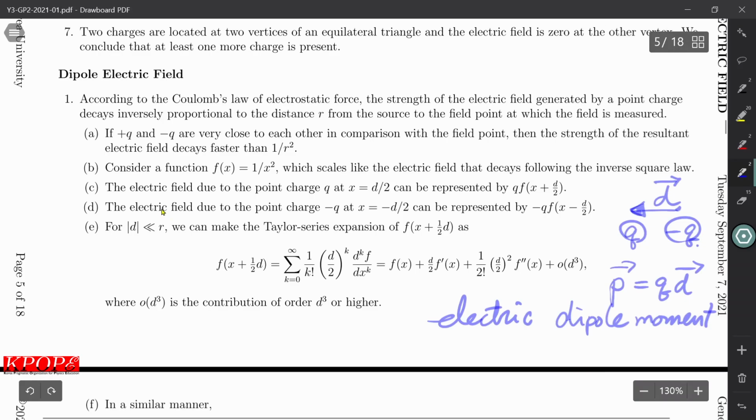Okay, a monopole Q is placed here. The strength of the electric field is proportional to 1 over r squared.